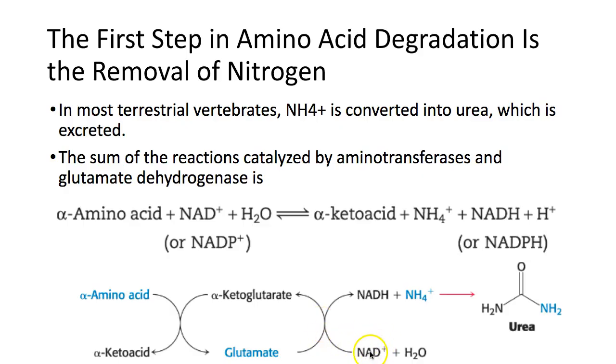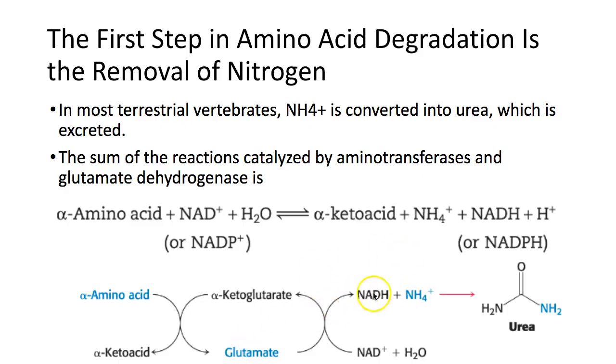And remember, you have that NAD plus or NADP plus, either one, to end up producing NADH, which shows here on the product side, and then reforms that alpha-ketoglutarate that can recycle again to make another glutamate.